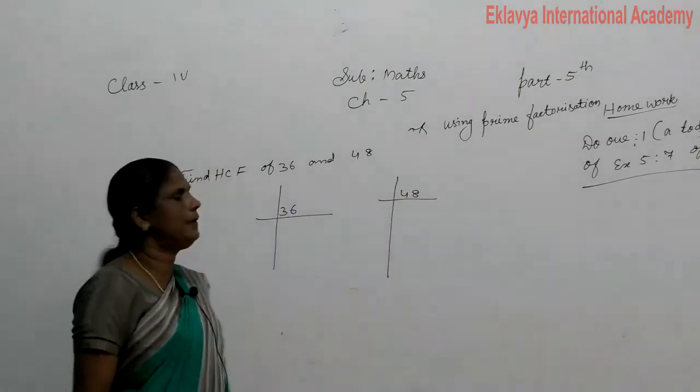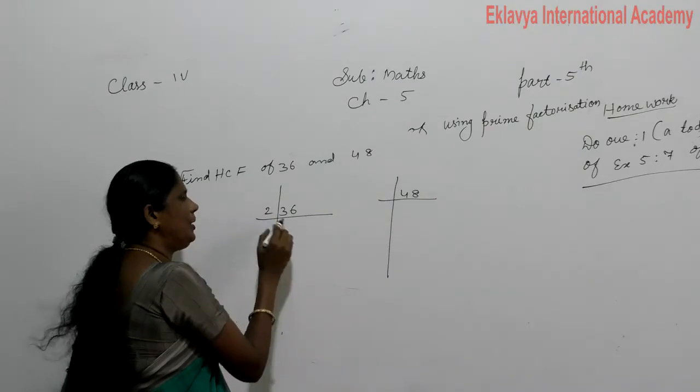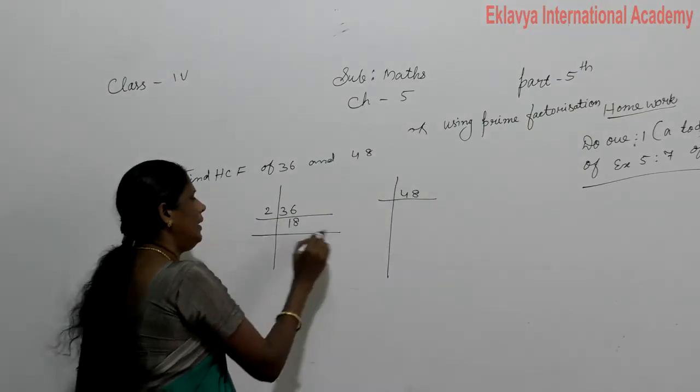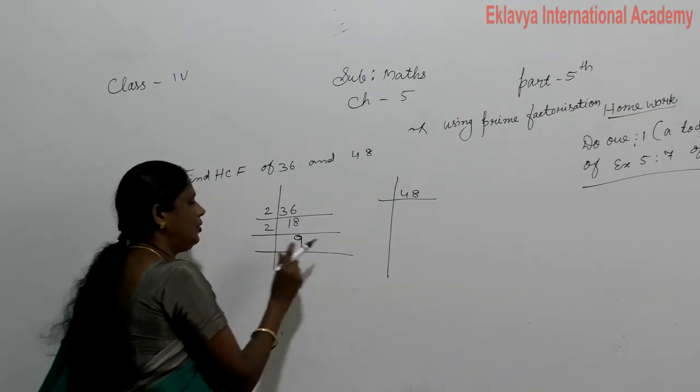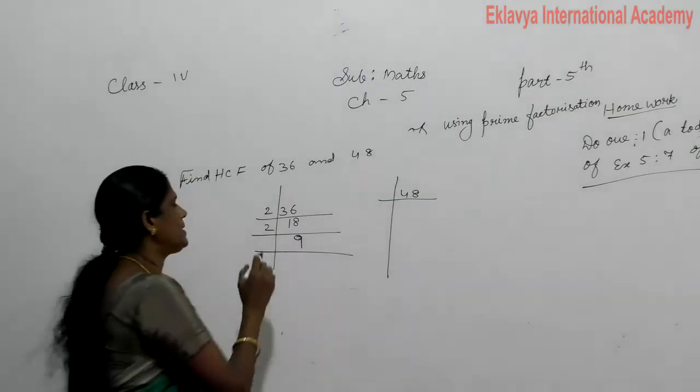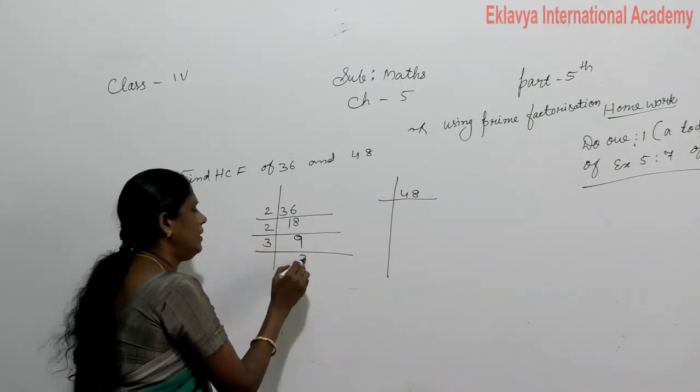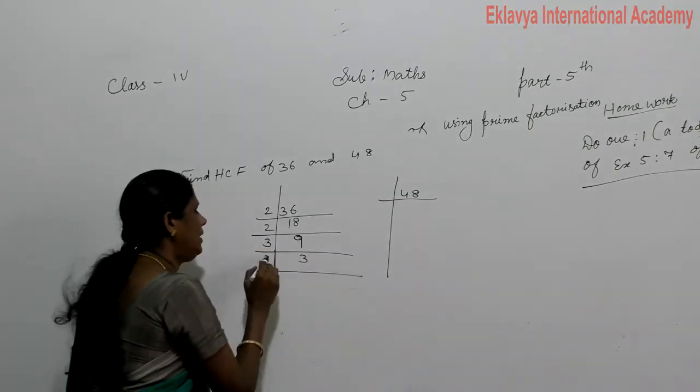Okay. Then first you find the 2, how many times does it go? 18, again 2, 9. 9 is not divisible by 2, so the next prime number 3, 3 times, again 3, 1.